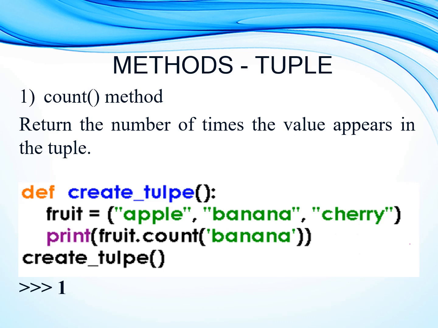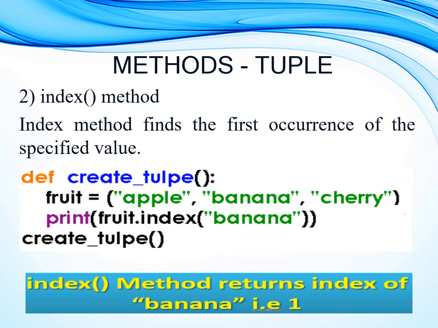In the third line we can check print fruit dot count of the individual element, banana. It will count the number of times the item banana is listed in the tuple, and it is given only one time, so the output will be 1.